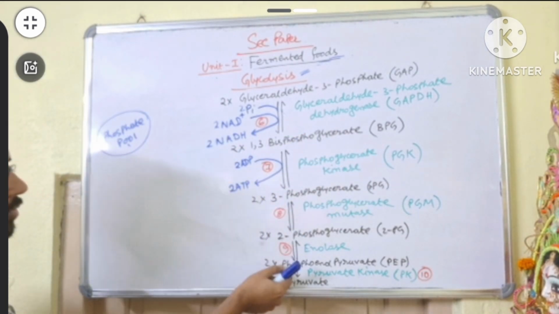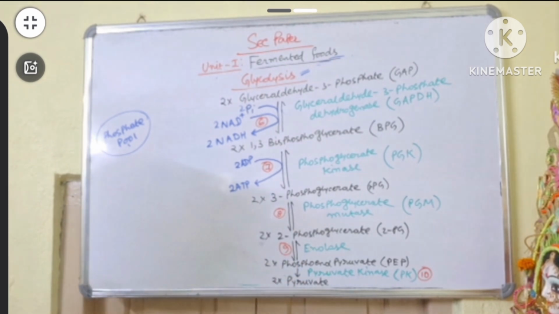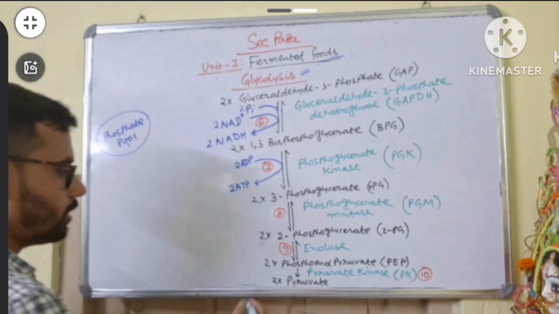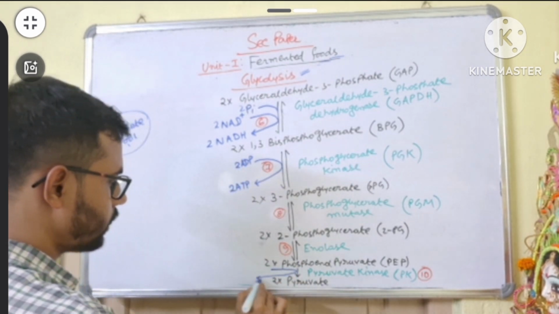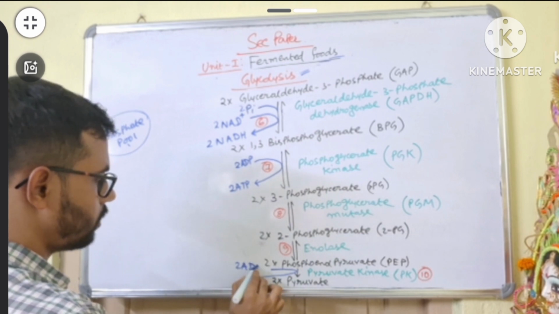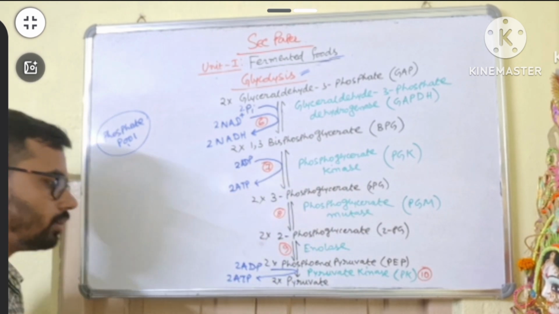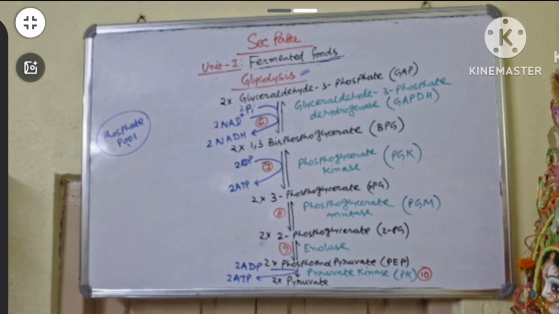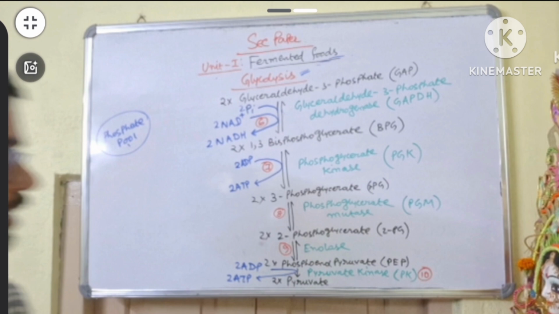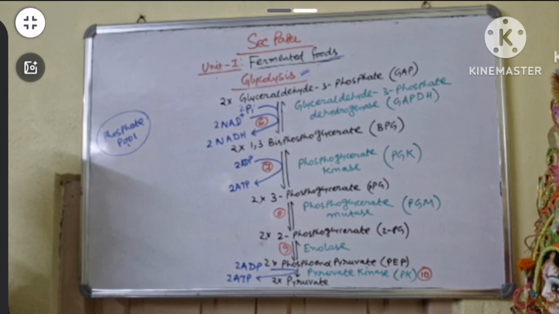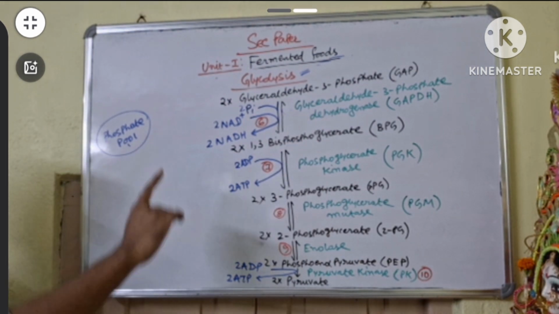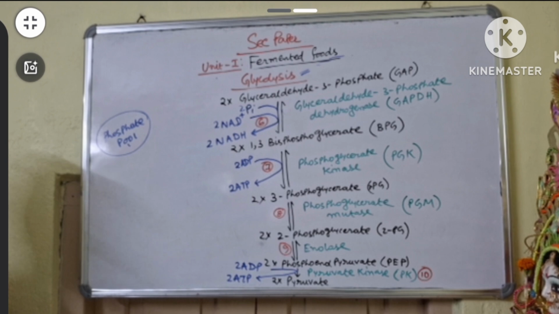So here also two molecules of ADP convert to two molecules of ATP in reaction number 10. So there are two reaction steps in the payoff phase, reaction number 7 and reaction number 10, where ATP molecules are formed.